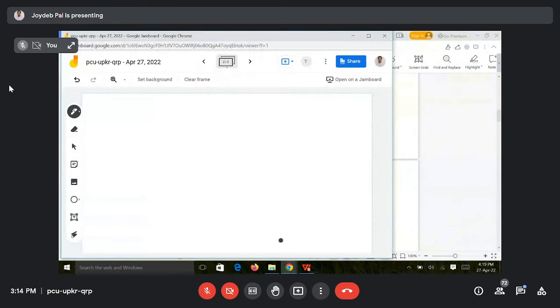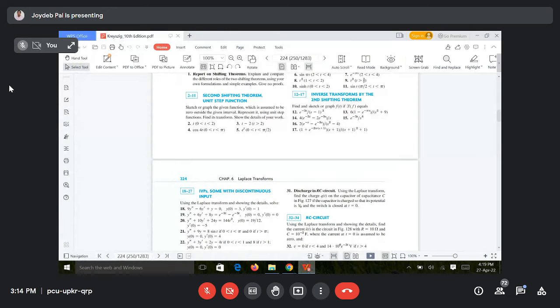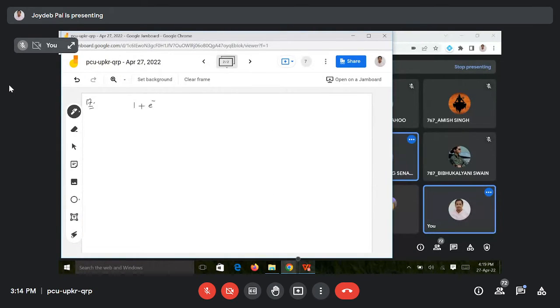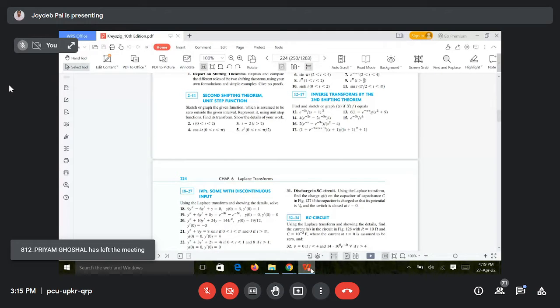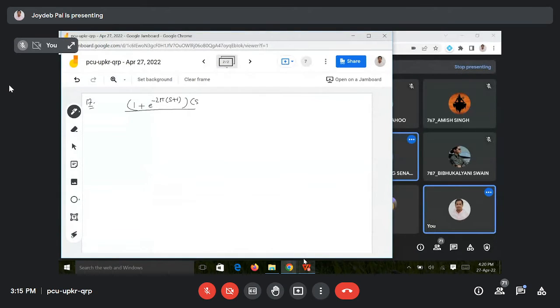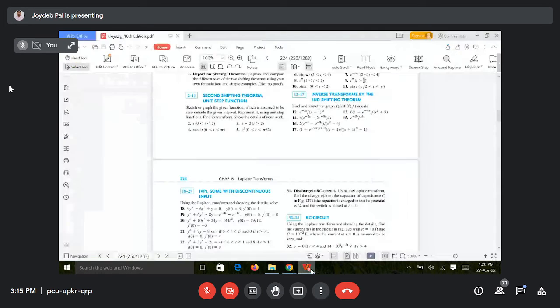Problem 17: Laplace inverse of (1 plus e to the power minus 2 pi (s plus 1)) into (s plus 1) divided by ((s plus 1) whole square plus 1). This, right?